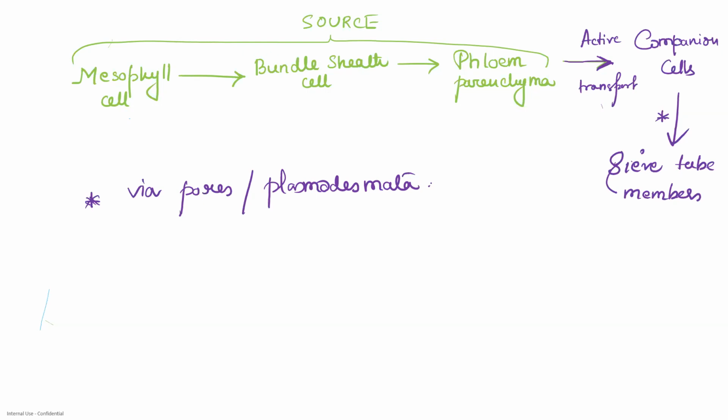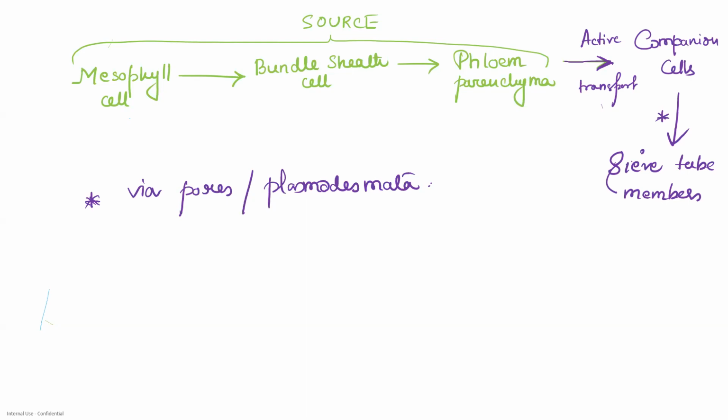Now, questions can come from this part. You will have to remember the sequence nicely: from mesophyll to bundle sheath, then to phloem parenchyma, then to companion cells, then to sieve tubes, and finally it will go to the sink region.